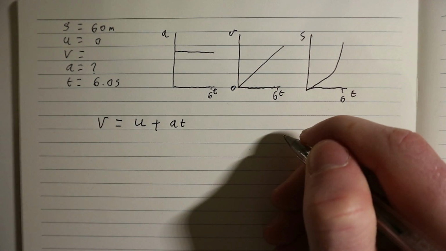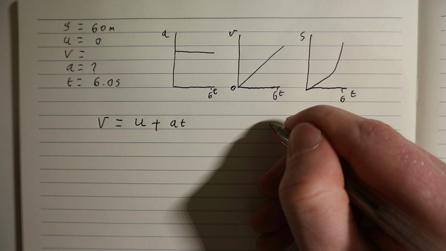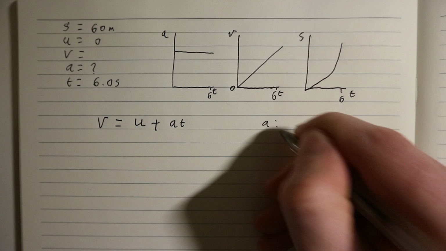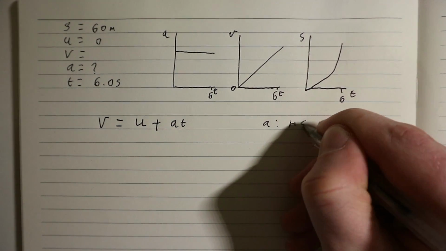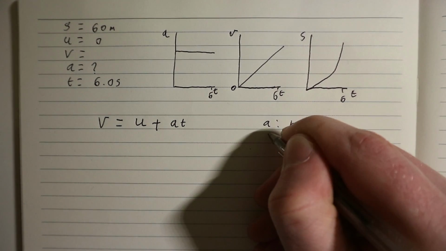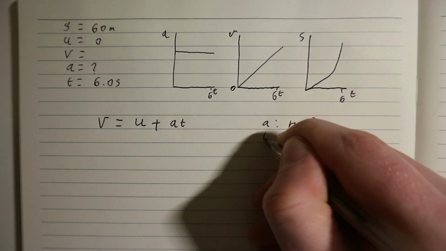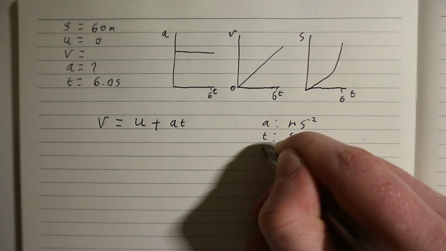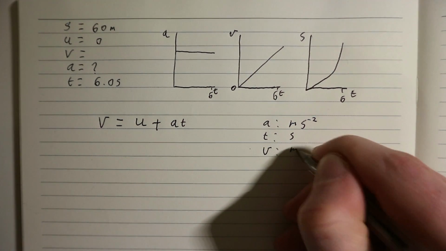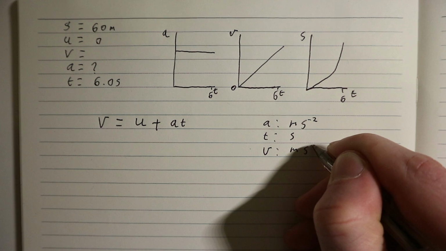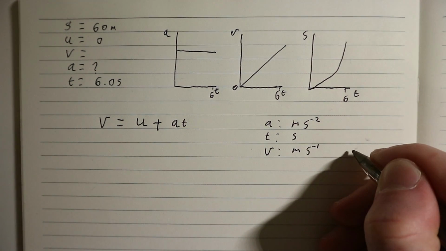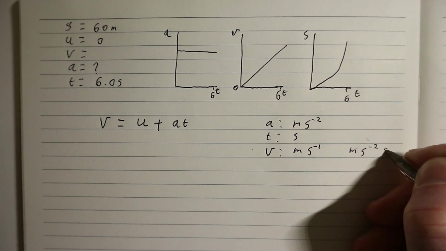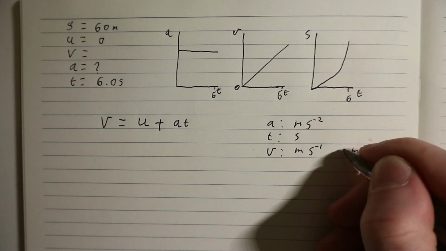We can also see that it's AT because the units for acceleration are meters per second to the minus 2, and time is obviously seconds, and velocity is meters per second. So meters per second squared times seconds is obviously that.